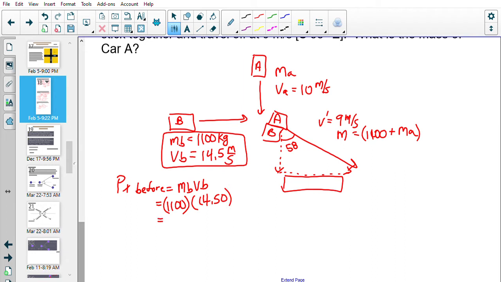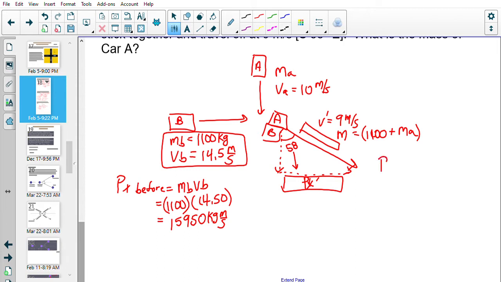And when we multiply 1100 and 14 and a half, you get 15,950 kilogram meters per second. So that's what this side right here has to equal, this px prime afterwards. But I know that the px prime is going to be the momentum p prime times sine of 58.